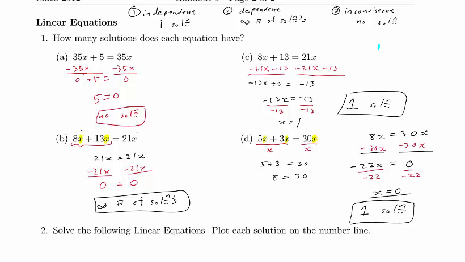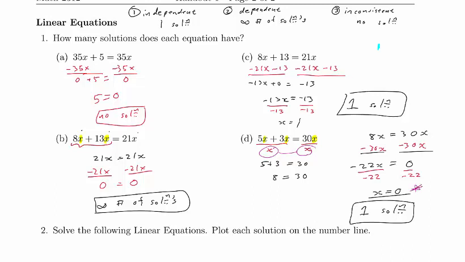So the question you should be asking yourself is, well, why did we get an inconsistency here? Why did we get something that seems to indicate that there is no solution? And the answer to that question lies in what we divided by here and here. We divided both sides by x. We divided everything by x. But what did we find that x equals?